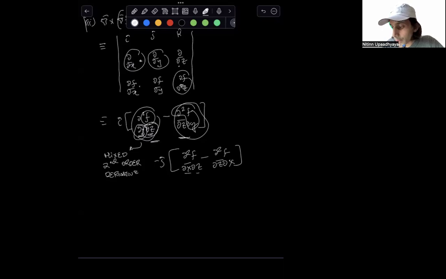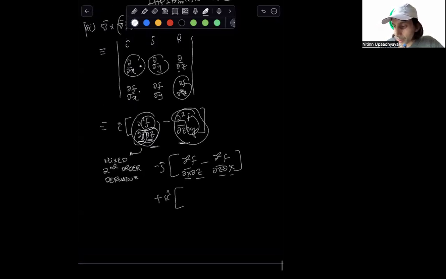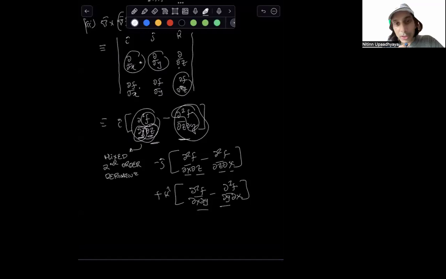And again, we see that these are mixed derivatives with x and z interchanged. And then the kth component would be ∂²f/∂x∂y minus ∂²f/∂y∂x. So this term is also a mixed derivative with x and y interchanged.